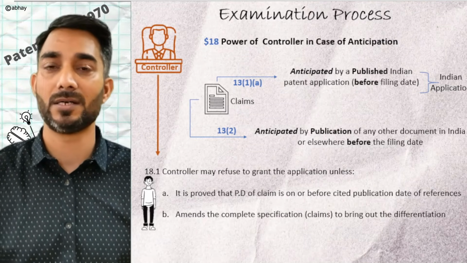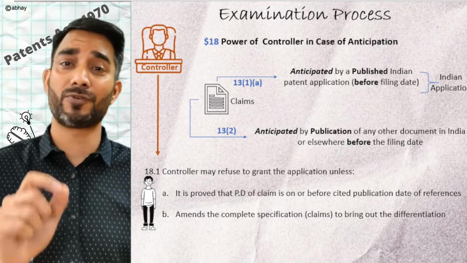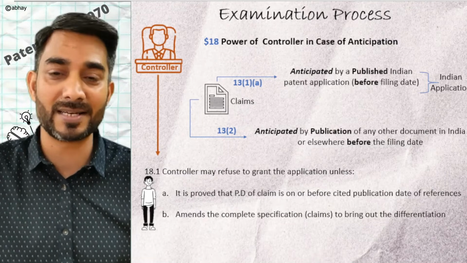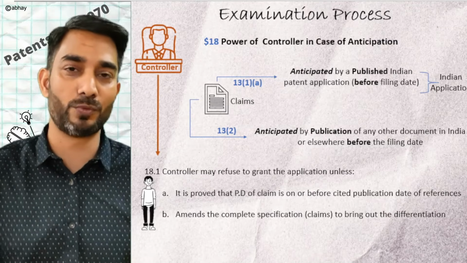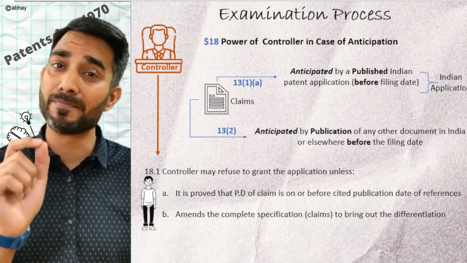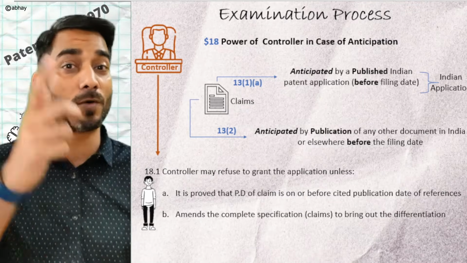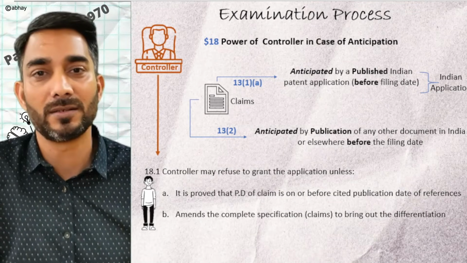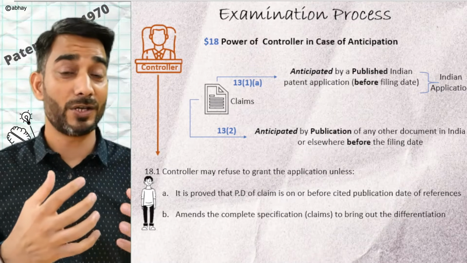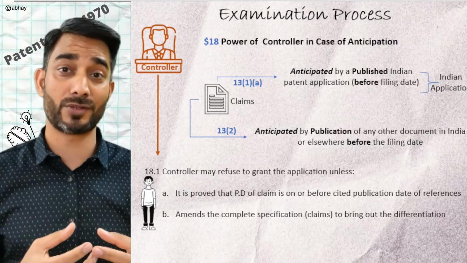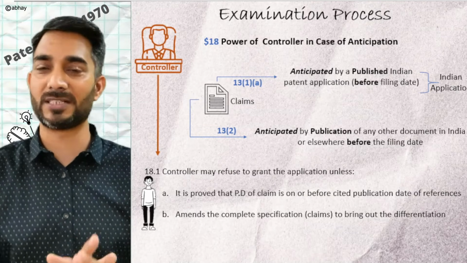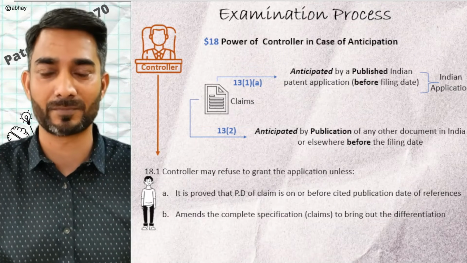In such case, the controller may refuse to grant the application, unless of course the applicant is able to prove that the priority date of my claim is before the publication date of the documents which were cited by the examiner. Concept of priority date, wherein if my priority date is before the publication date of other documents, then those documents cannot be considered as a relevant prior art for me.